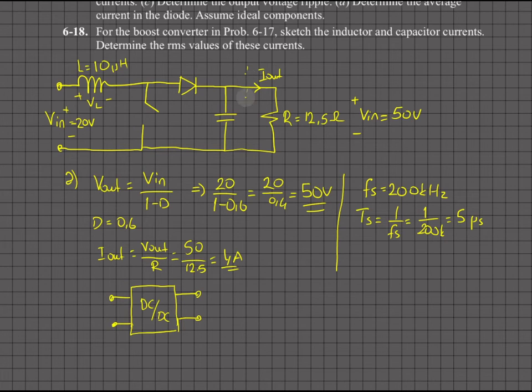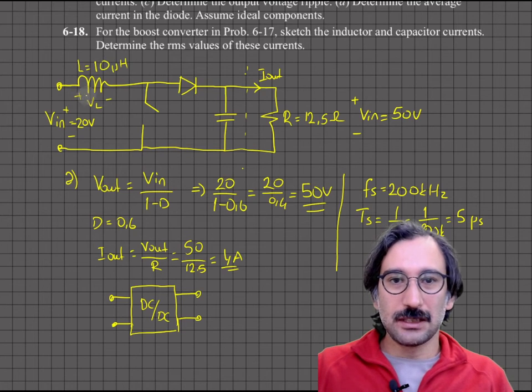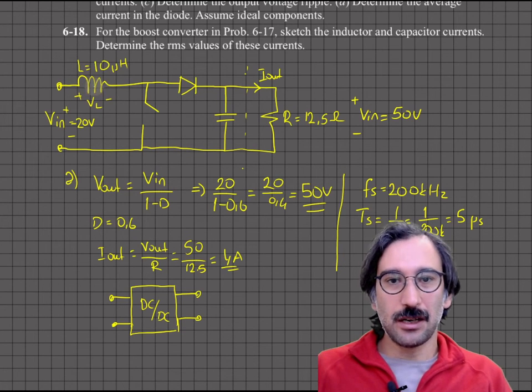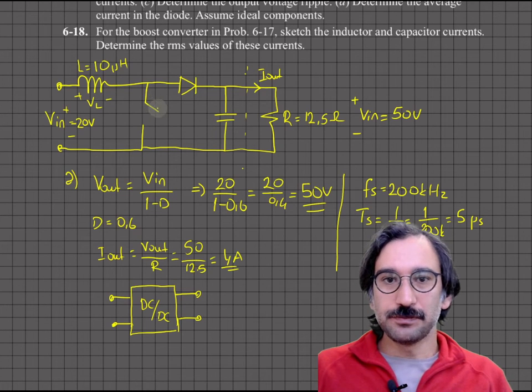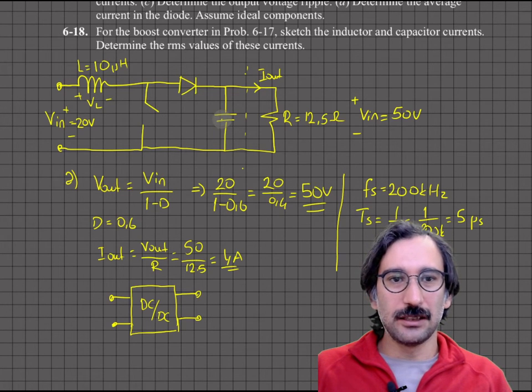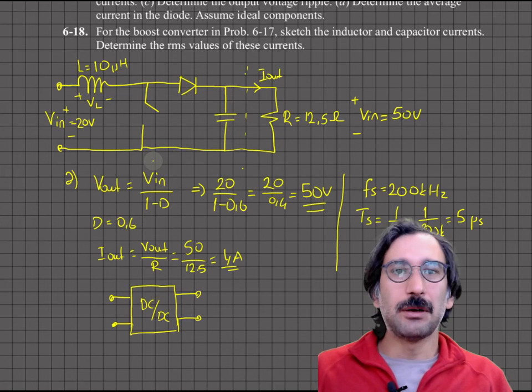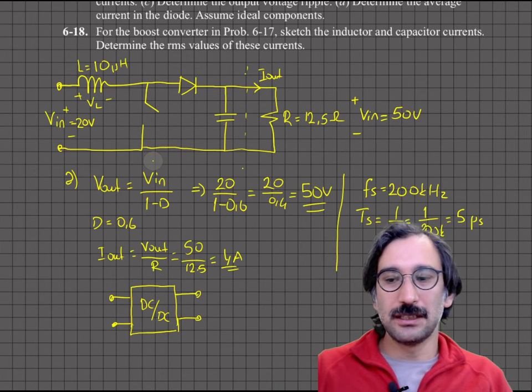So if it is giving out some output power, we need to draw the same amount of power from the input, assuming that converter is 100% efficient. I assume it is 100% efficient because I assume an ideal inductor, an ideal switch, an ideal diode, and an ideal capacitor. And remember, only resistive components dissipate heat.